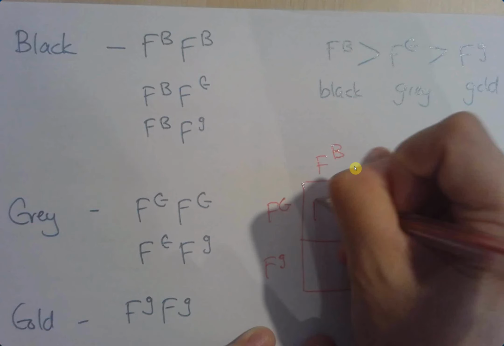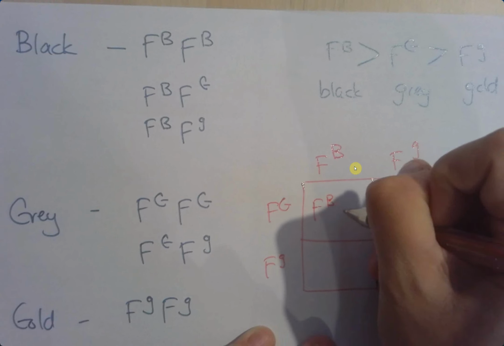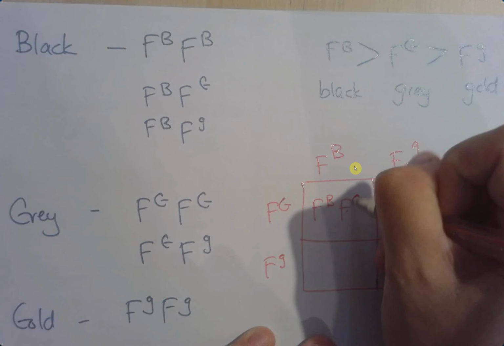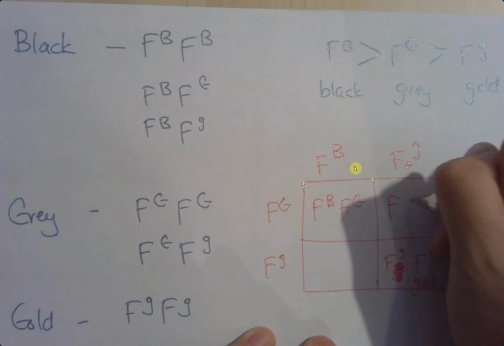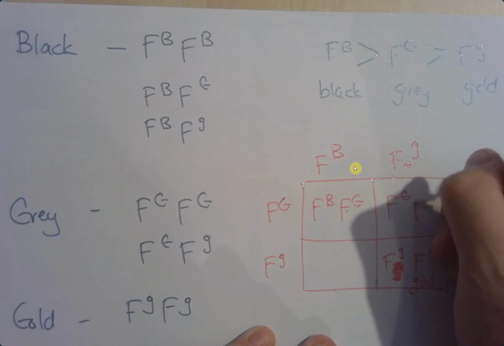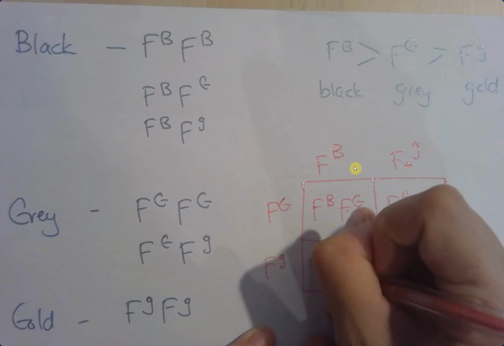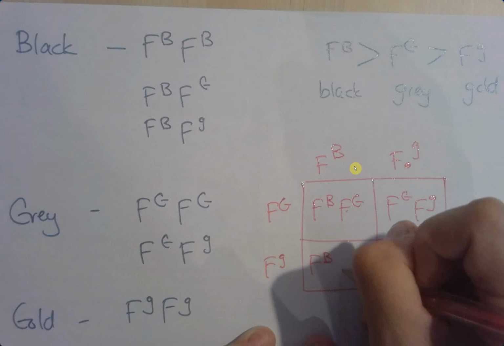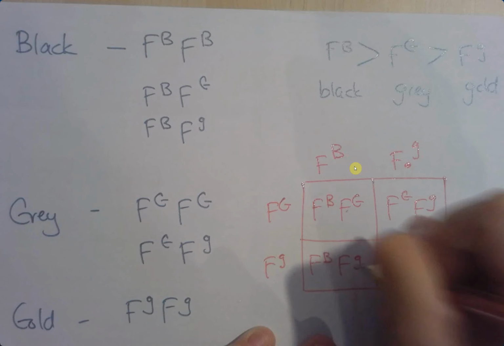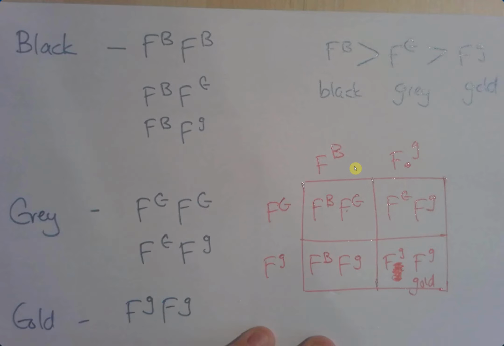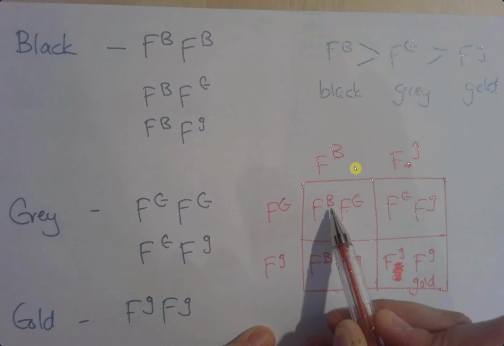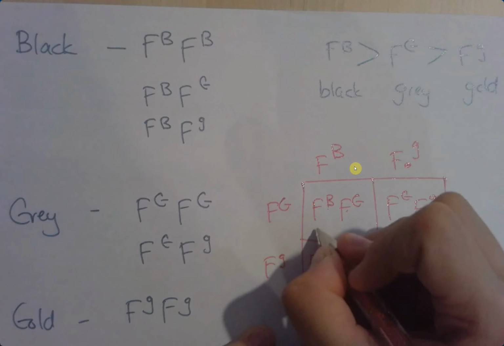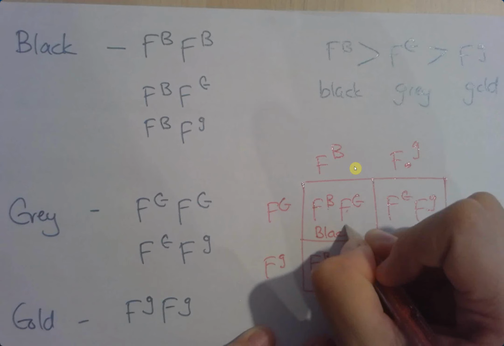And the reason why I need heterozygous of each one of those is so that way I get all 3 genotypes. So if this one's got the black and the gray one, the black is dominant over the gray, so that one's black.